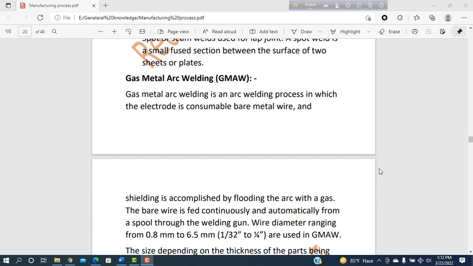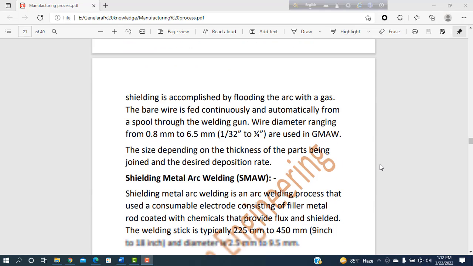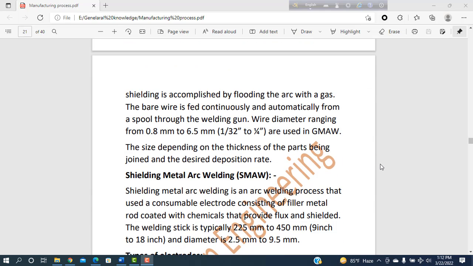Gas metal arc welding, GMAW. Gas metal arc welding is an arc welding process in which the electrode is a consumable bare metal wire and shielding is accomplished by flooding the arc with gas. The bare wire is fed continuously and automatically from a spool to the welding gun.